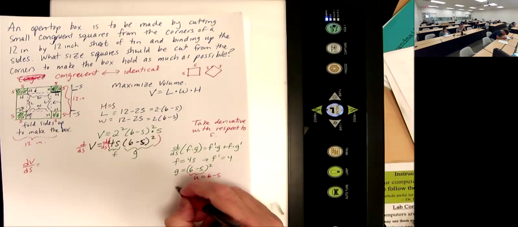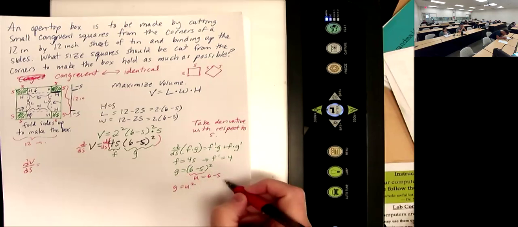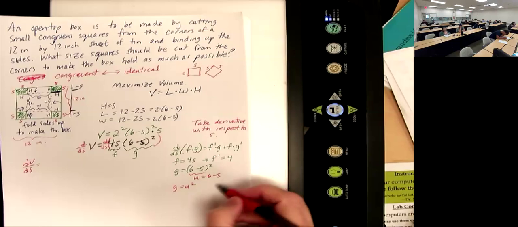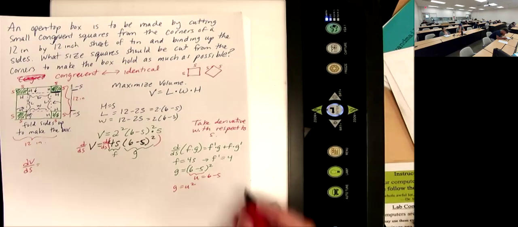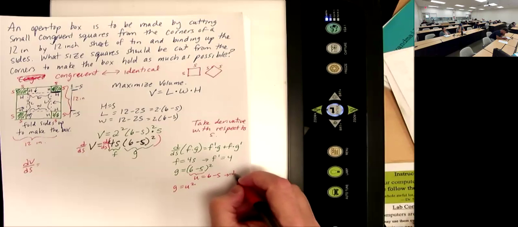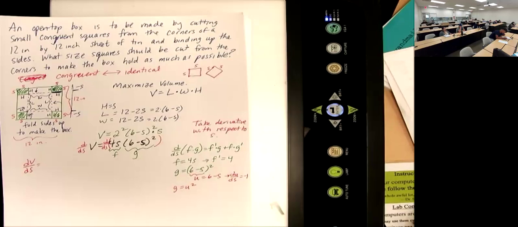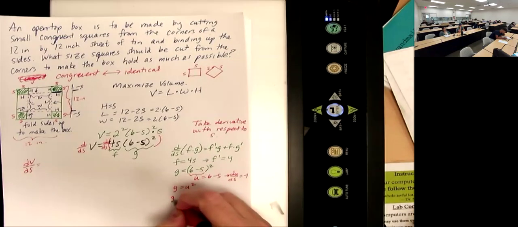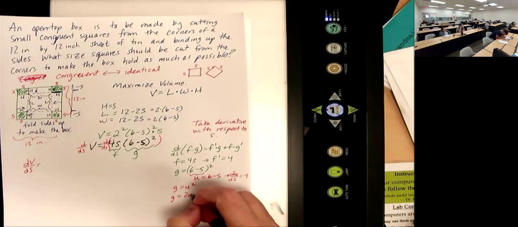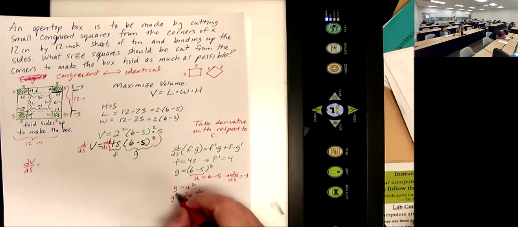So this is g equals u squared. And when you take the derivative, you need the derivative of u with respect to s. du/ds is -1. So g equals u squared, and when we take the derivative, g prime is 2u du/ds.